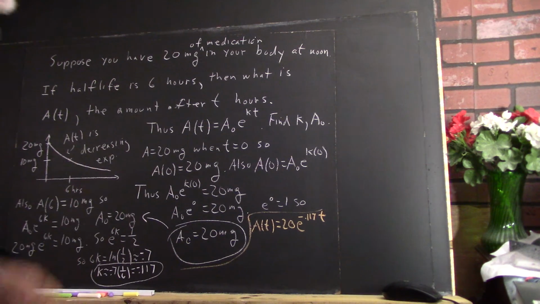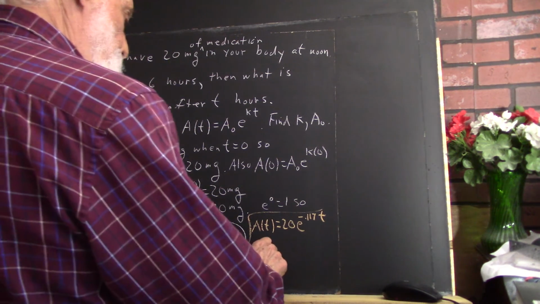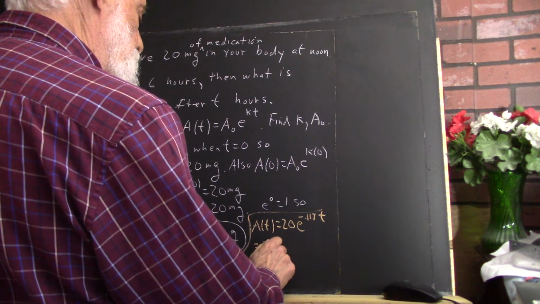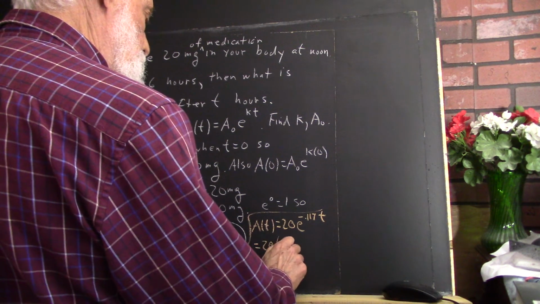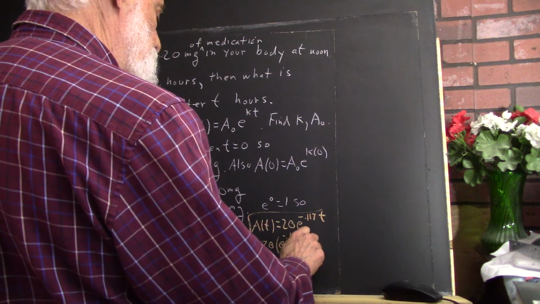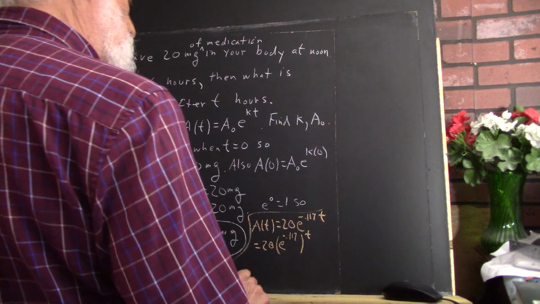This is approximately equal to, first of all, it's equal to 20 times e to the negative 0.117 raised to the t.